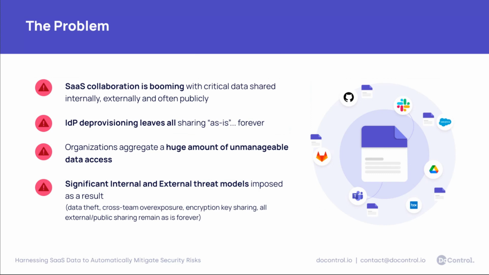As a result, a decent set of internal and external threat models and vectors are becoming very common, such as data theft, overexposure, encryption keys sharing, and wrong or unauthorized public or external sharing that are being allowed in order to allow business flows, productivity, and continuity.